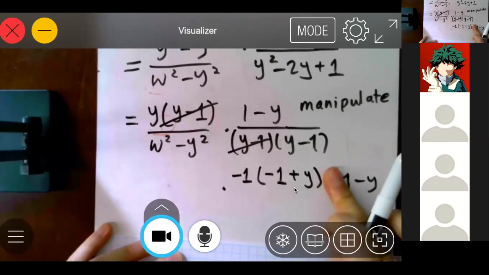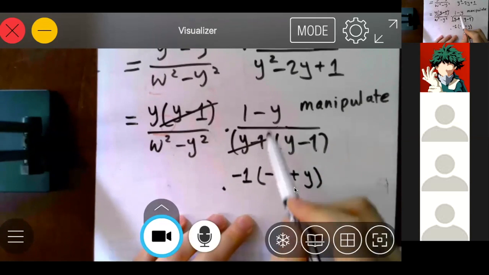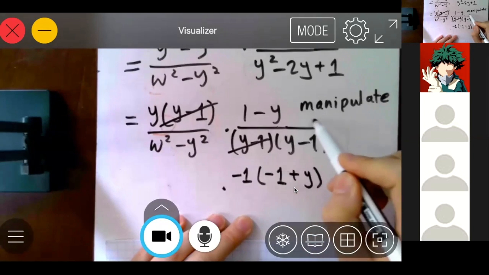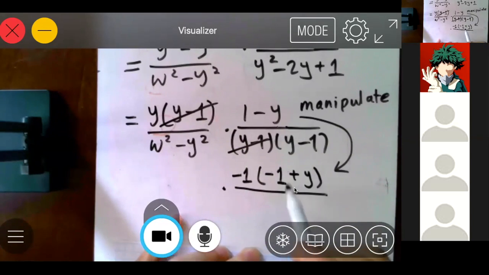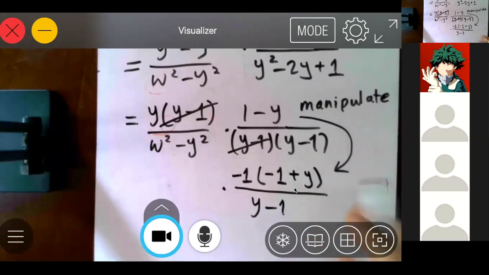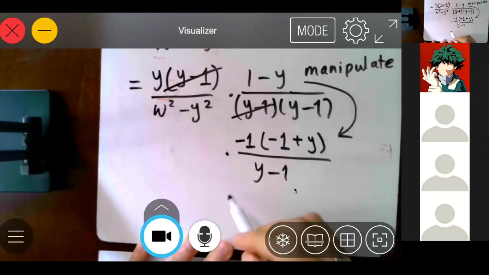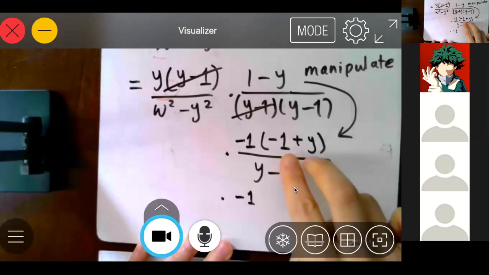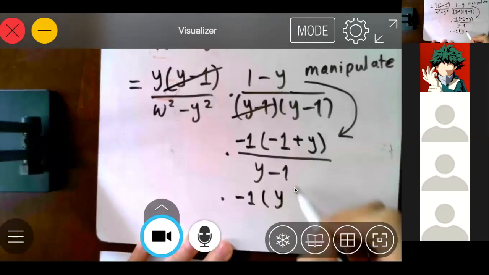But you have to leave out the negative 1, correct? Yes, exactly. So this is the same thing as this. Once you write 1 minus y as negative 1 times this, I can rewrite negative 1 plus y, just rewriting the order, as y minus 1.